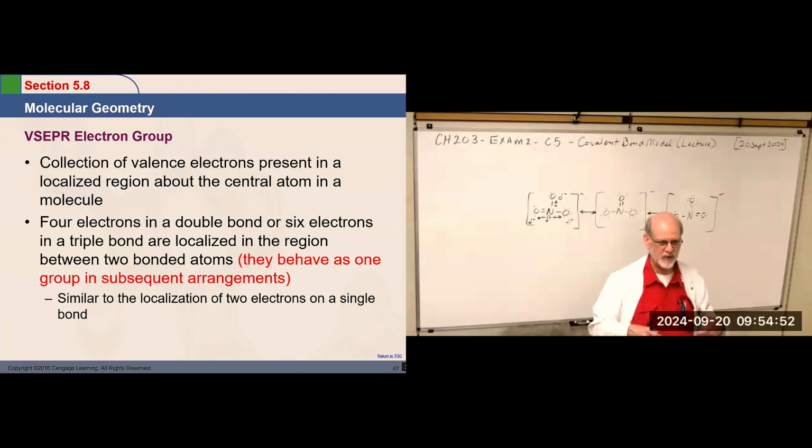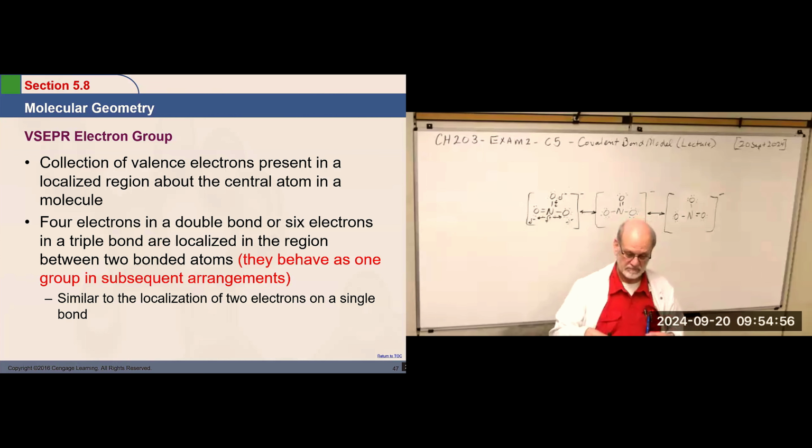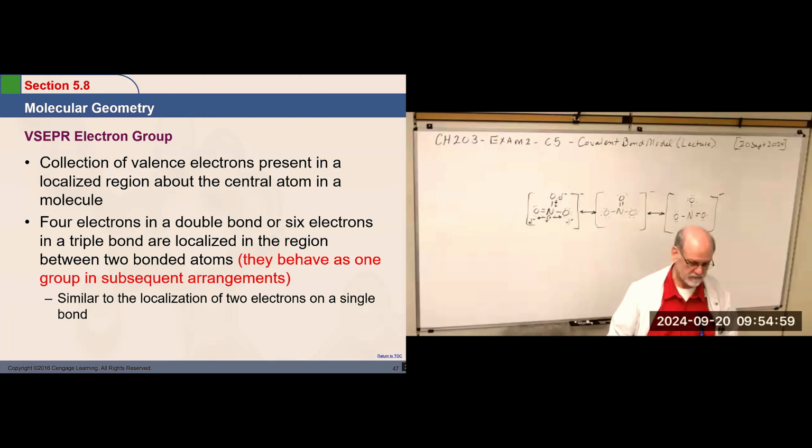It's a triangular base pyramid. Then we have trigonal bipyramidal, and we have octahedral. That's as far as we're going in this class. So you only have to learn how to visualize those structures.